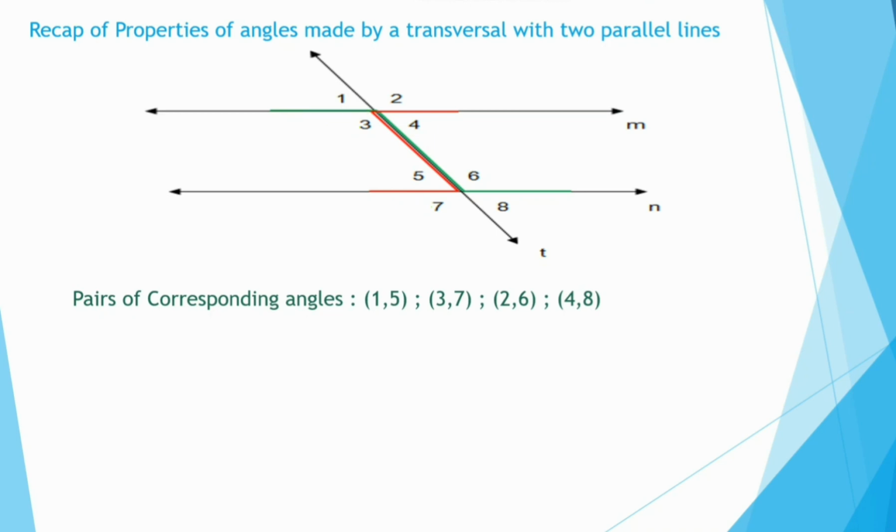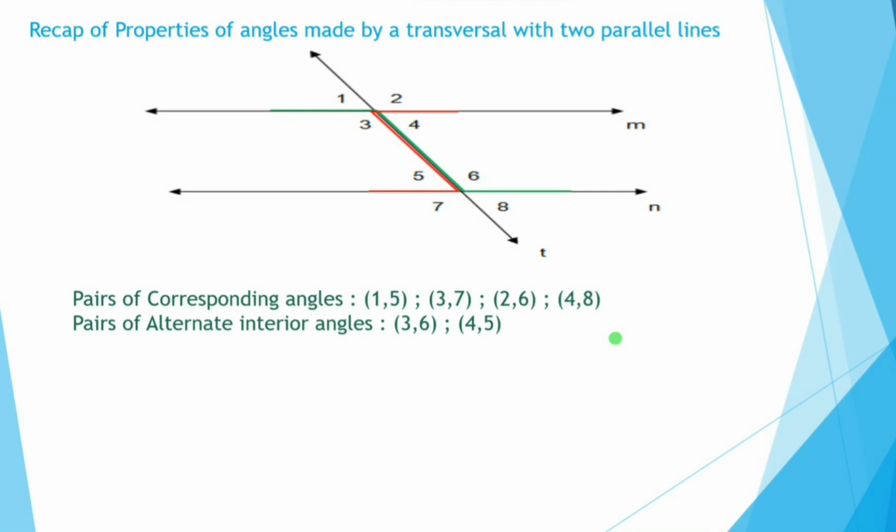Now you can see the Z pattern shown by a red color, and you can identify the alternate angles. So let's see whether your solution is correct. So pair of alternate angles here are 3 and 6 and 4 and 5.